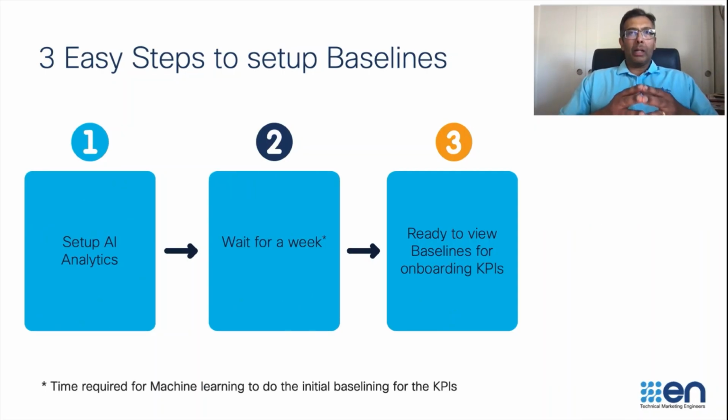First, the network admin has to set up the AI analytics in Cisco DNA Center. This enables the Cisco DNA Center to send the data to the cloud in a completely encrypted format.